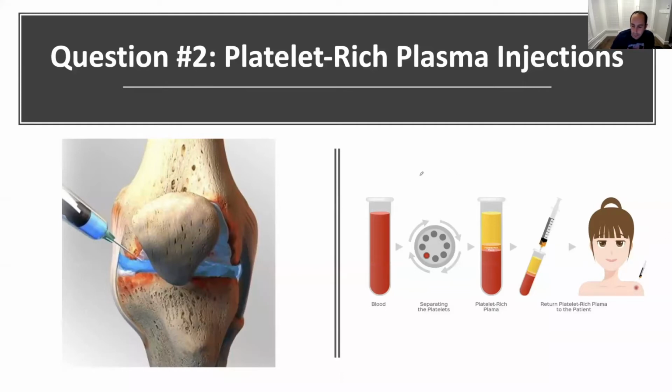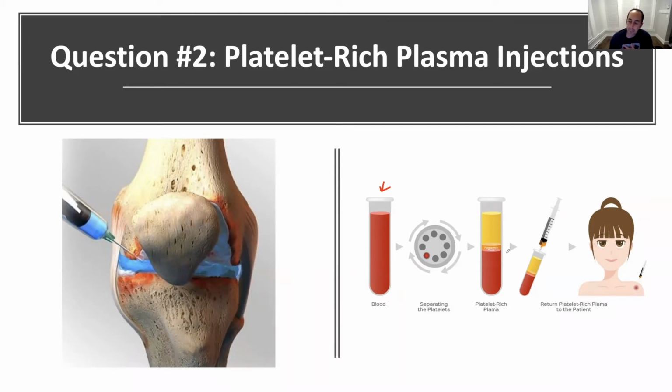It ends up in a vial just like this, and then they centrifuge it. So the red blood cells fall to the bottom. You have your platelet-rich plasma, and then you have your white blood cells that are in that area as well. They take your plasma and then they inject it in the joint.